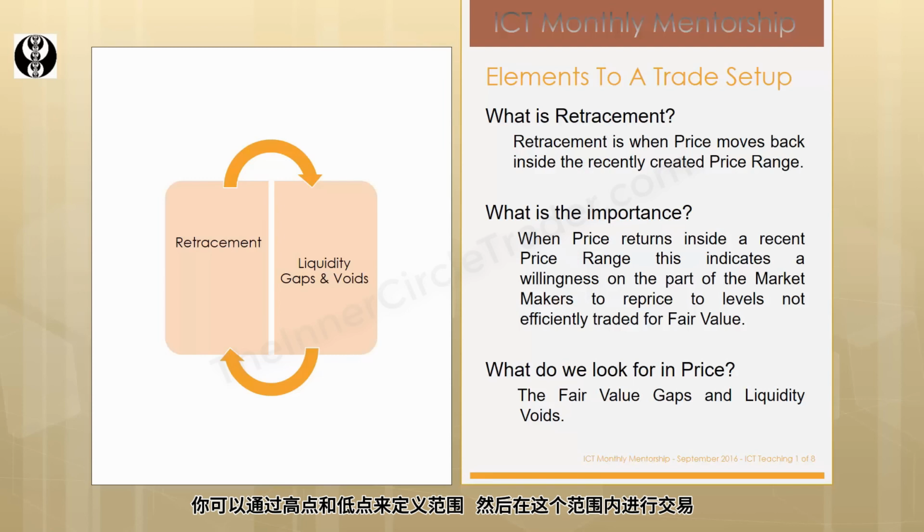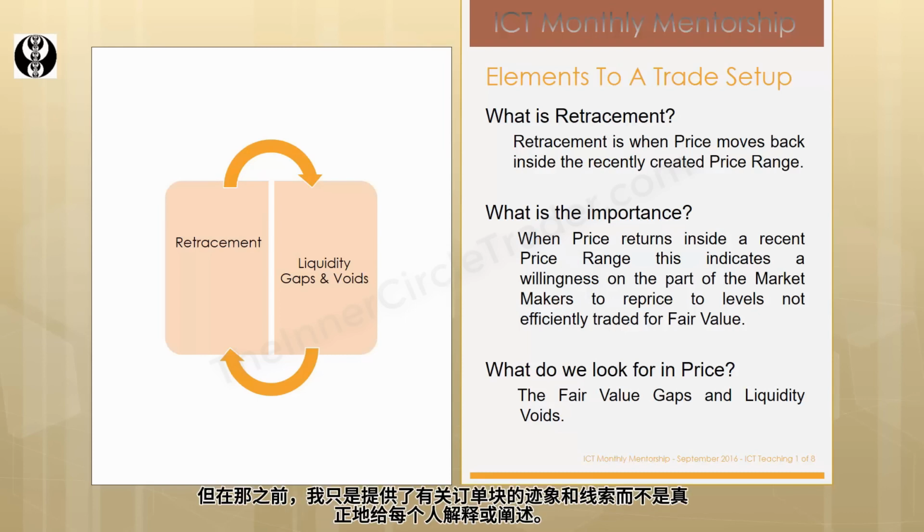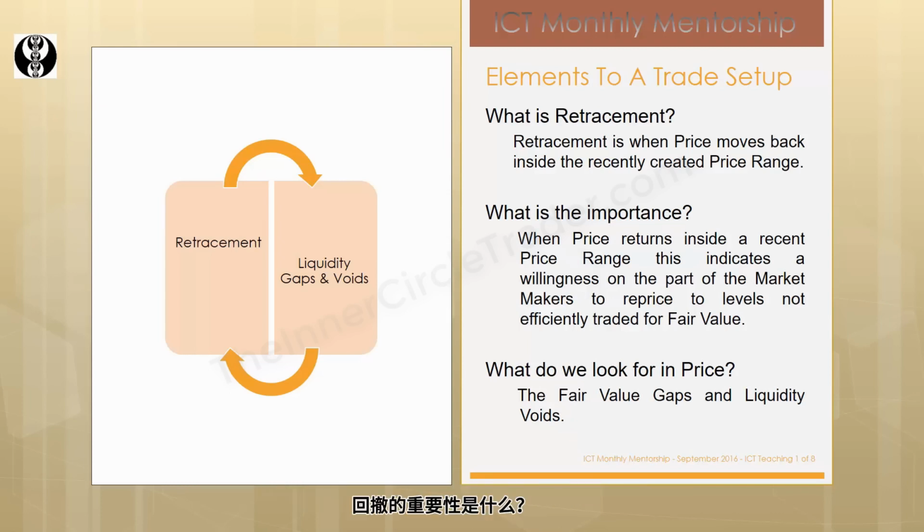You can define the range by a high and a low and trade inside that range. And that was the beginning basis point of how I brought a lot of people from that forum into the understanding of an order block. The order block was introduced in the Sniper series tutorial on my website, but prior to that I just gave indications and clues about what an order block was without actually really referring to or spelling it out for everyone.